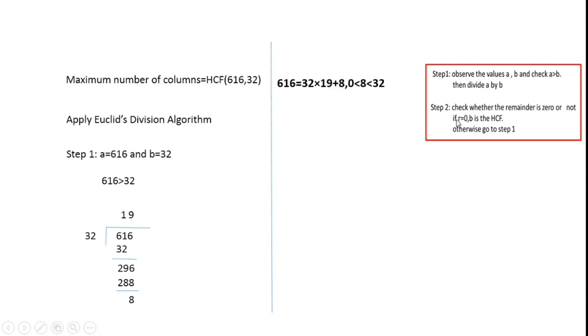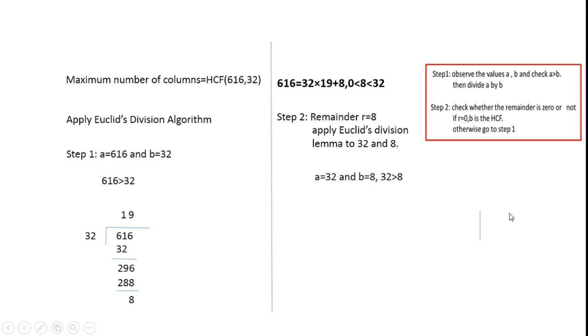Step 2: check whether the remainder is 0 or not. Here the remainder is 8, so we have to apply the Euclid division lemma again. Now A equals 32 and B equals 8. 32 is greater than 8. Now we divide 32 by 8. 8 fours are 32, the remainder is 0.